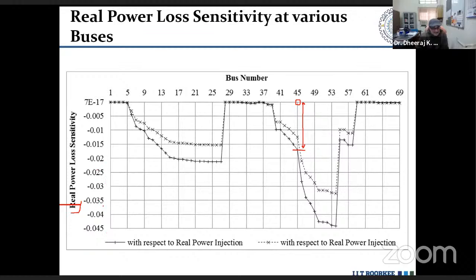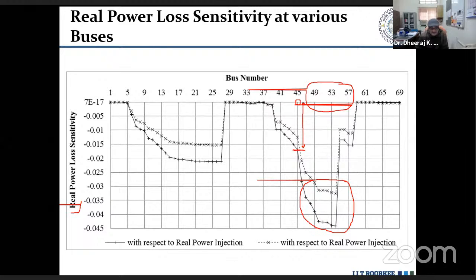Almost all sensitivity values are negative, which means the losses of the system will reduce. So at these buses we can have maximum loss reduction if we place DG in this region, because these buses are most sensitive.